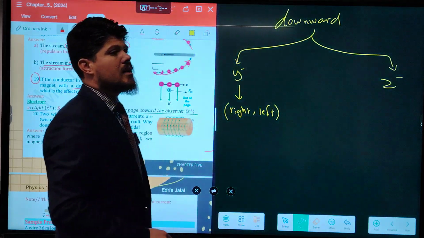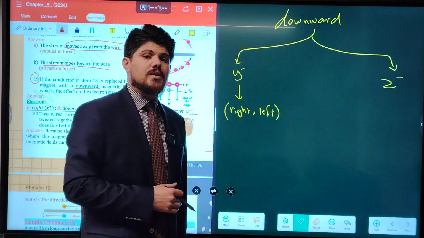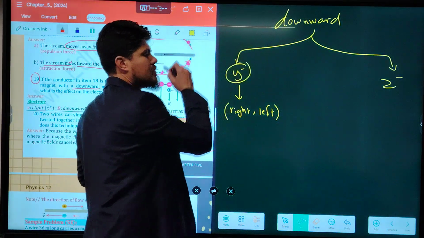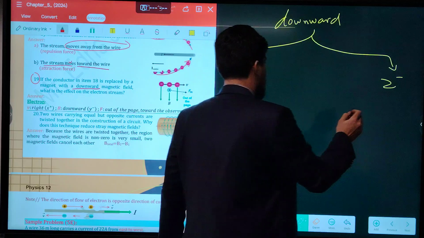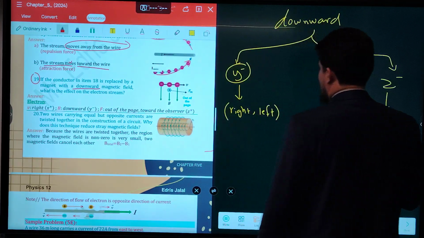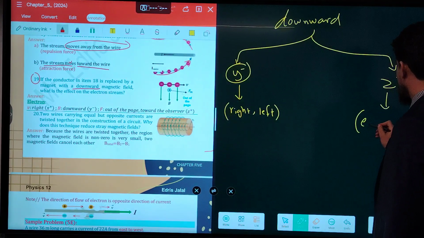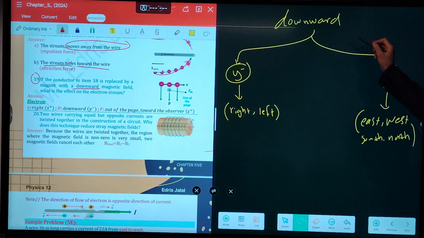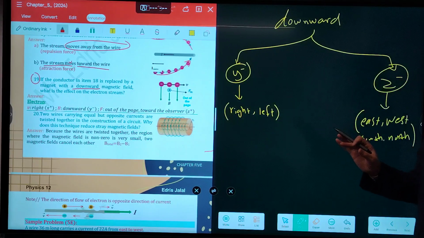If right and left, or one of them, are mentioned in the question, downward means Y negative. But if instead of right and left we have east, west, south, and north, downward means Z negative.